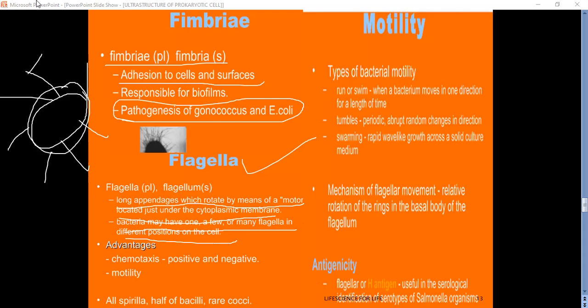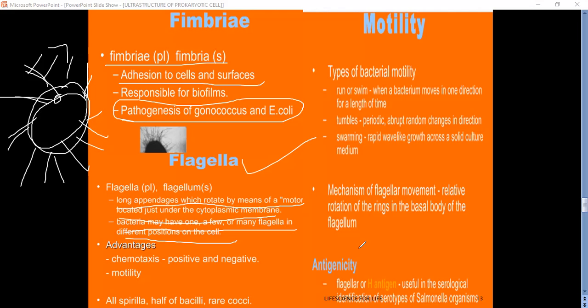The flagellum is a most important structure, having a small motor in its cell membrane, and it is made up of a protein known as flagellin. Based on the type, number, and position of flagella, there are different types of bacteria.